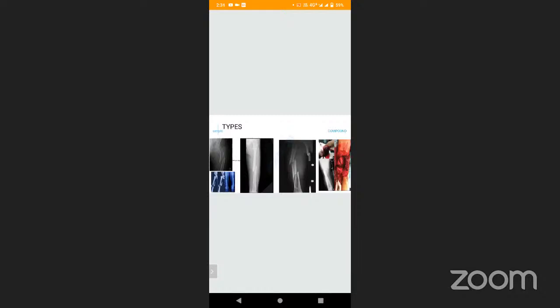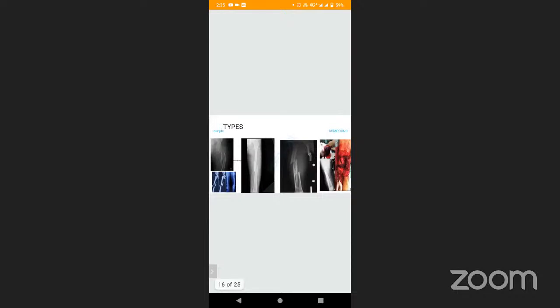If one bone is fractured into more than two pieces, it is called segmental fracture. Comminuted fracture is where one particular point of the bone is shattered. You can see the pictures of a spiral fracture, an oblique fracture, a comminuted fracture, a segmental fracture, and an open fracture. All these fractures are given in that picture.